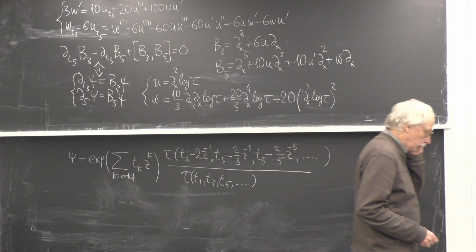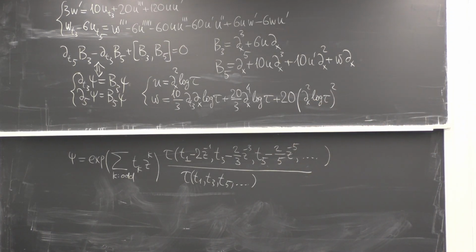So we are interested in elliptic solutions, so the tau function for elliptic solutions as a function of T3 is what is called elliptic polynomial.